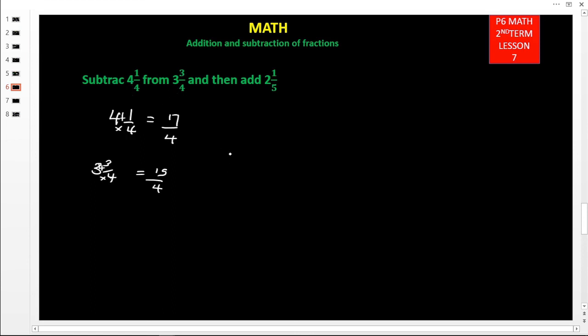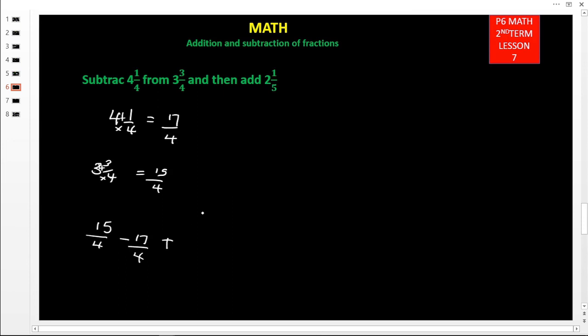So we are going to start with this and we take away this, so then we add this. Now it is 15 out of 4 minus 17 out of 4.